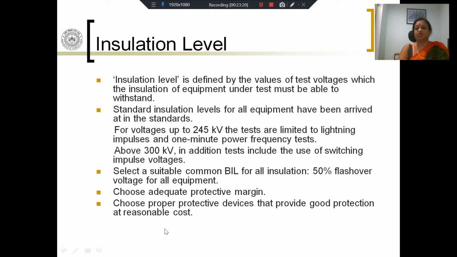So cost is an issue. You will set the protection level at a lower value than the insulation level so that there is a good enough protective margin. Taking all these things into consideration, you are ultimately able to decide what level of insulation you require for your system.